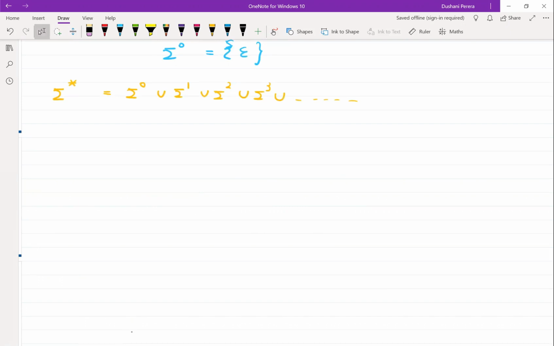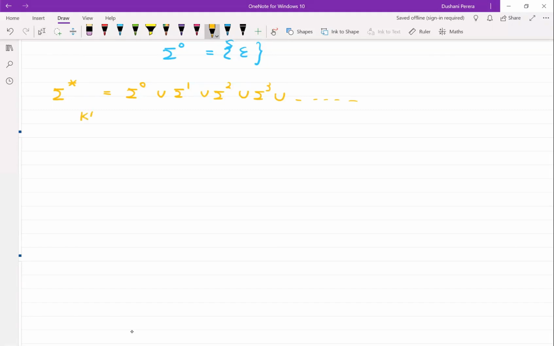In simple English, this is the strings that we can obtain of all lengths over a particular alphabet. The set of all strings possible over an alphabet is called sigma star.